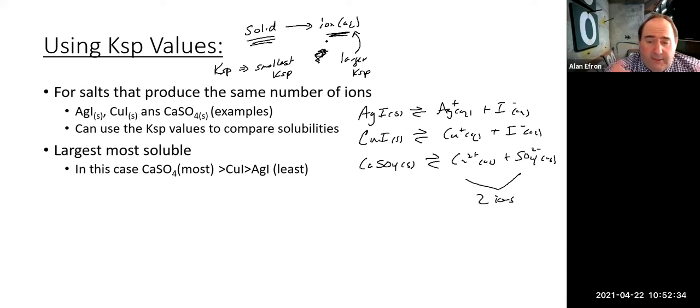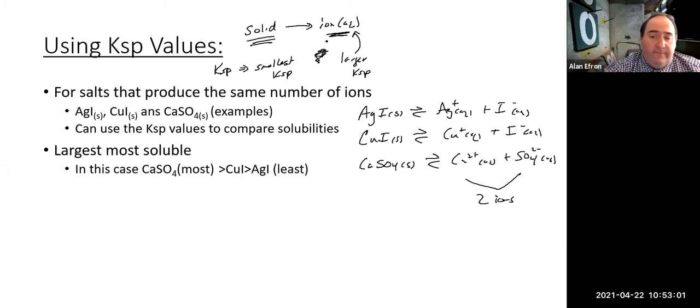Well, if you had a mixture of some of these things, you can figure out a way to take ions out of the solution by precipitating them out, using the differences in Ksp values. So one rule is you can use the Ksp values to figure out which one is more soluble and which one is least soluble, but you can only do it in a specific combination where you're comparing apples to apples.